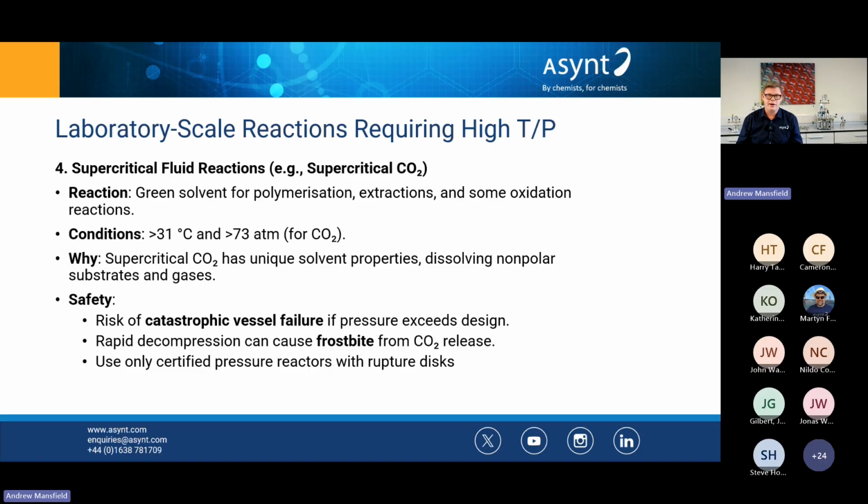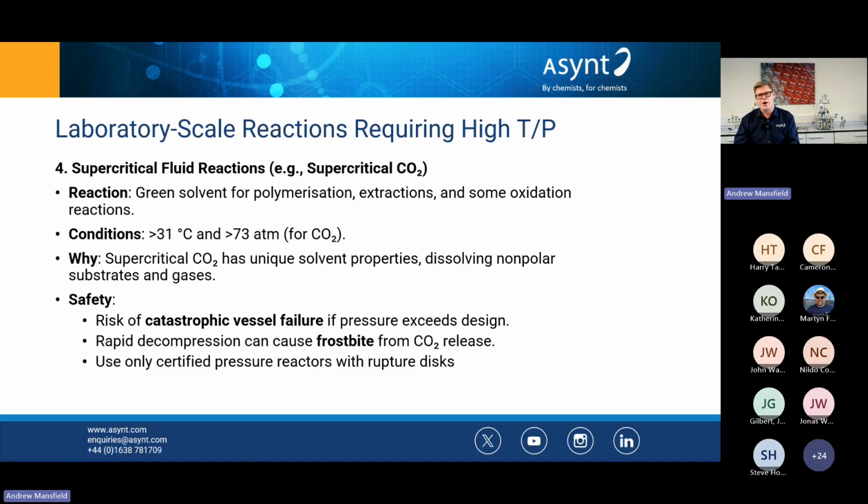We need to be careful about that freezing property. So we need to use specified equipment, as we've discussed, and we also need to think about those safety relief valves to depressurize for unwanted events.